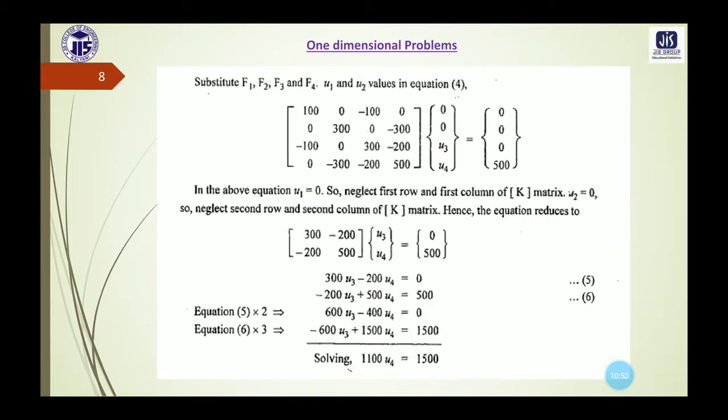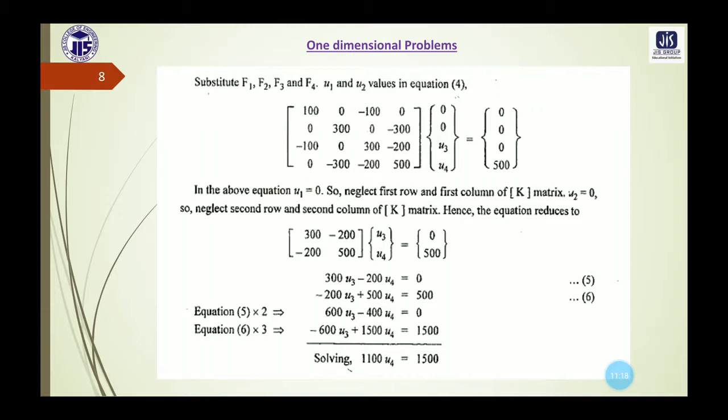Now if we put all the values of the nodal displacements and nodal forces, we get this representation. Instead of u1 and u2 we have written 0, instead of F1, F2, F3 we have put 0, and instead of F4 we have written 500, which is given in the numerical.